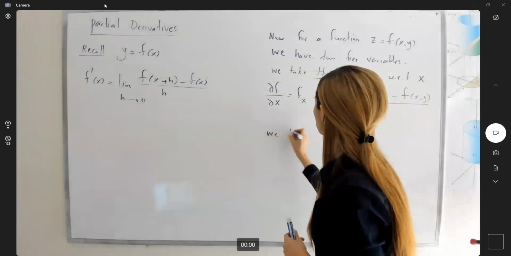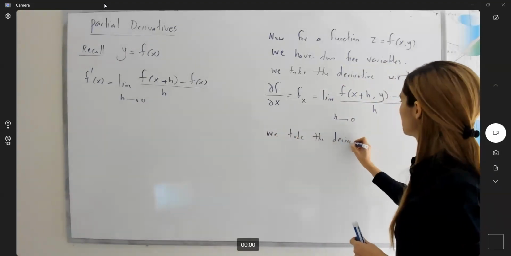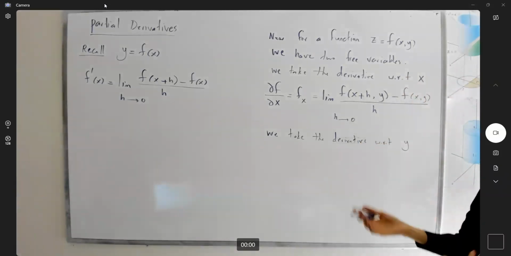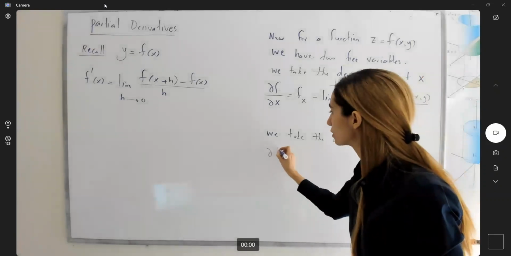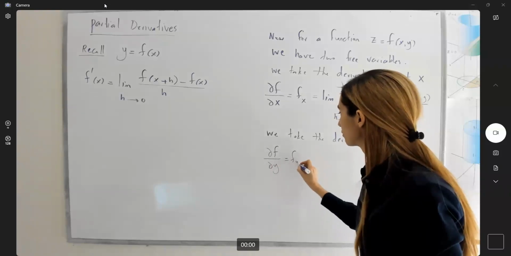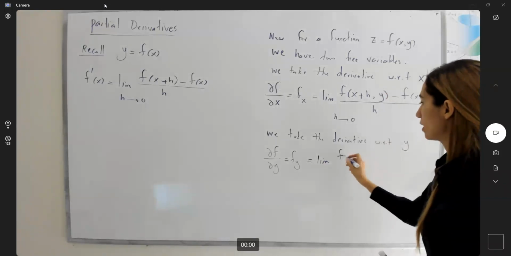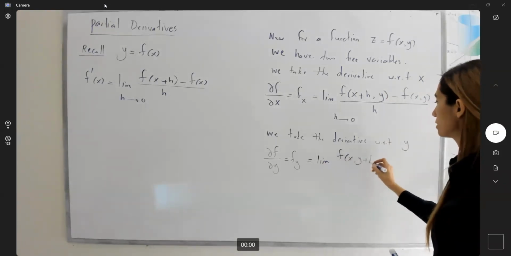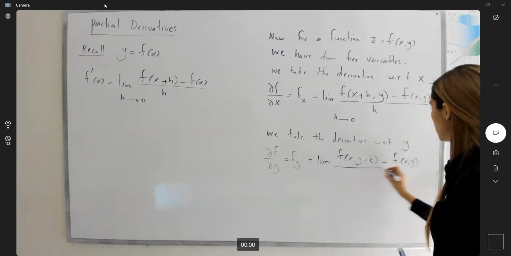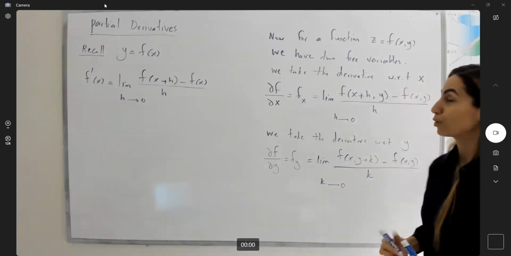We take the derivative with respect to variable y, and we write it as the partial derivative of f with respect to y, or f sub y, and the definition is the limit of f of x and y plus, for example, k, minus f of x and y, divided by k as k goes to 0.